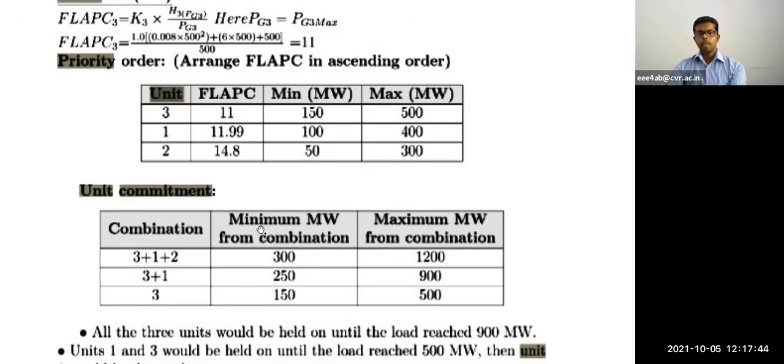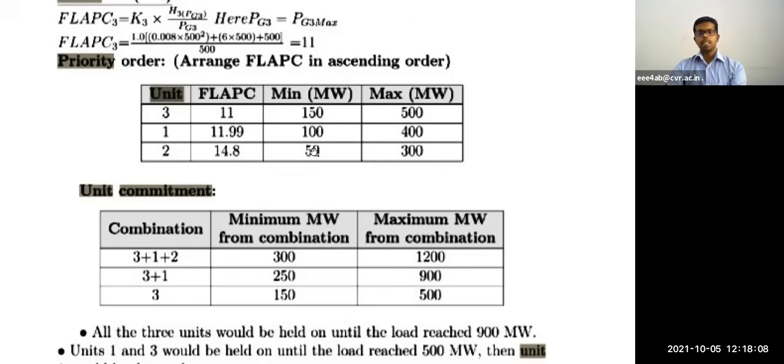So what is the minimum and maximum combination from this 3 plus 1 plus 2? The minimum combination is 150 plus 100 plus 50. Next, what is the maximum combination? 500 megawatt plus 400 megawatt plus 300 megawatt.